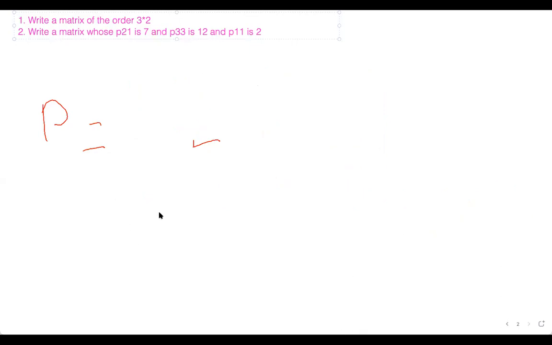We will see types of matrices. It's okay, leave it, no problem. Types of matrices. Others, did you understand? Yes, ma'am. What's the square matrix?